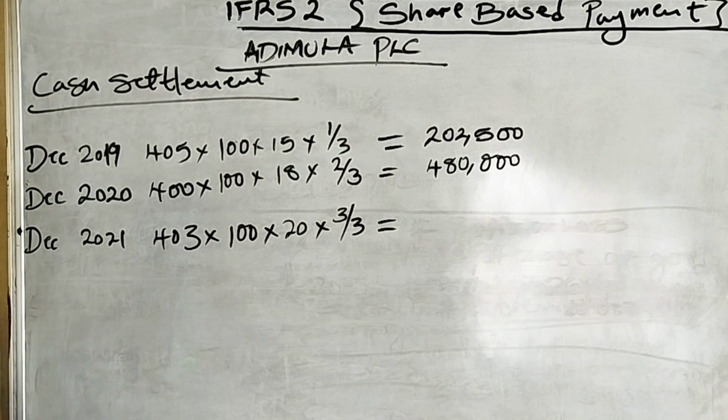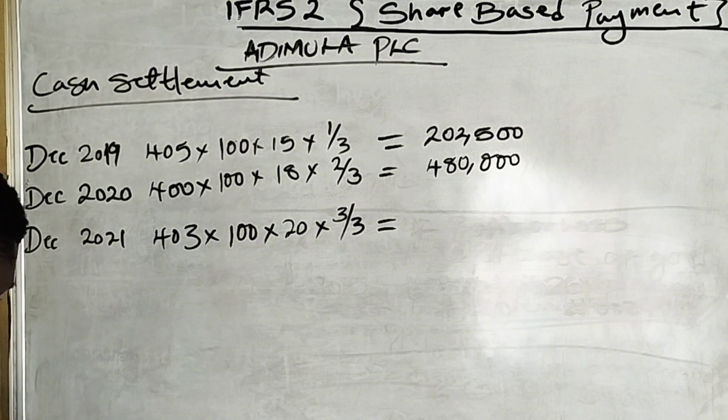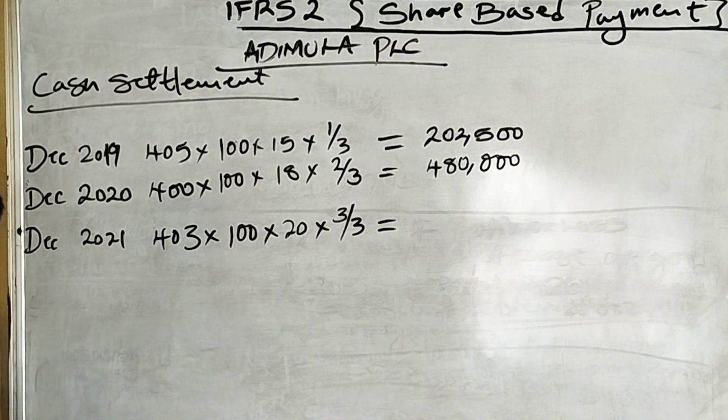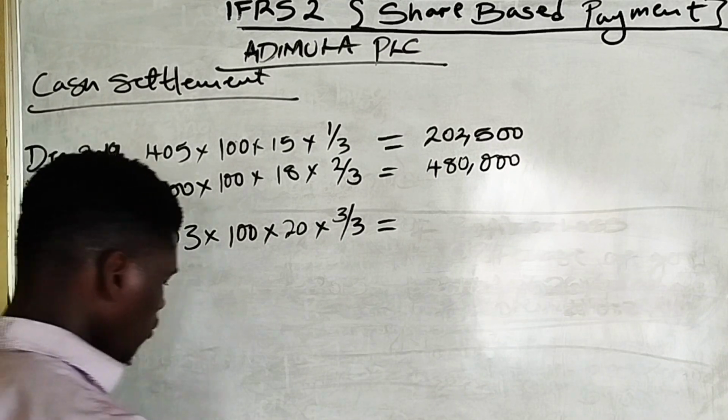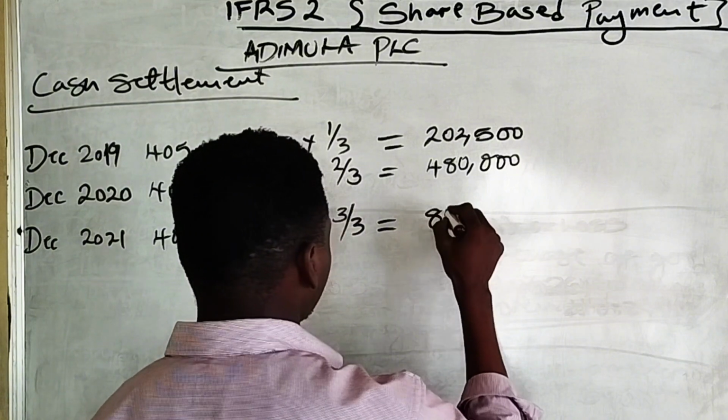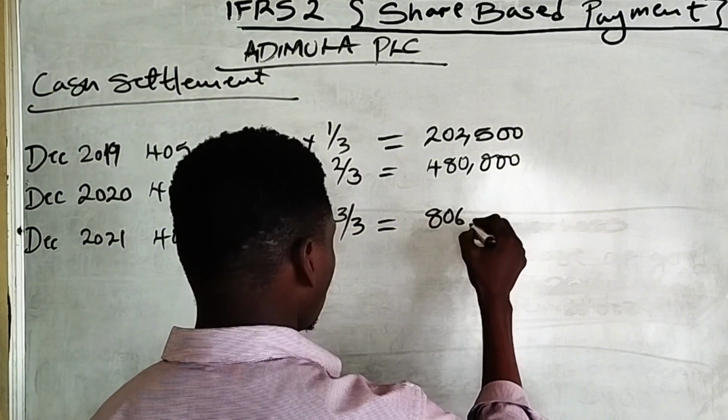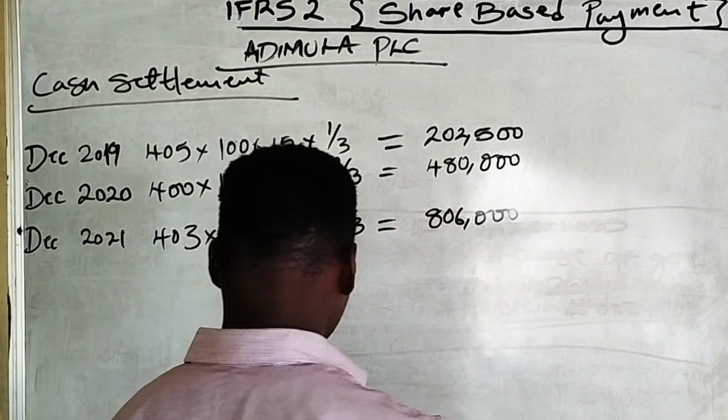So we have 403 times 100 times 20 times 1, which is 806,000.